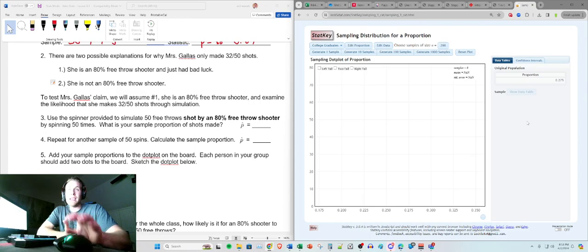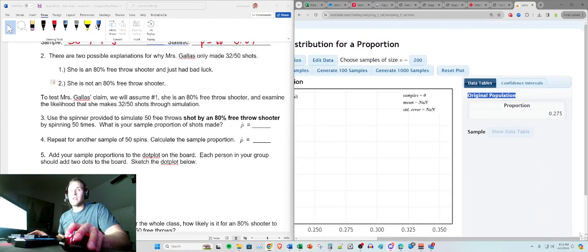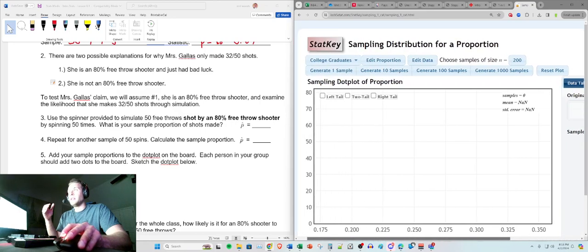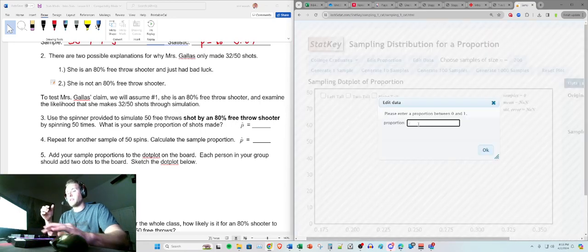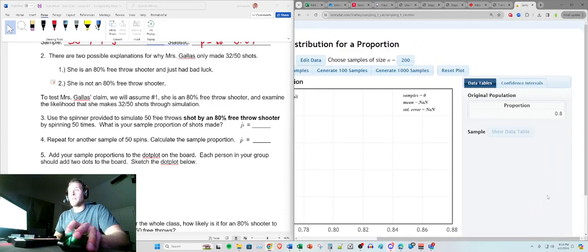So let's pretend that our original population, I'll zoom in to show it, has the wrong proportion there. Let's pretend that she is in fact an 80% free throw shooter.